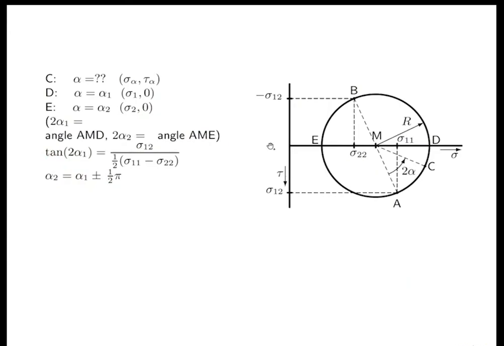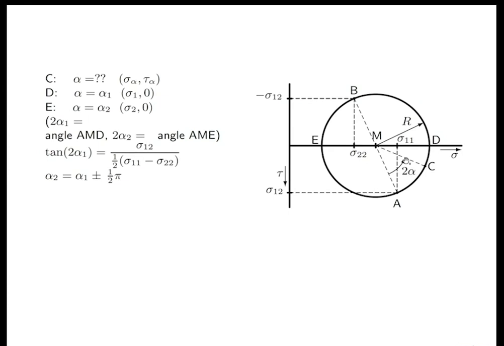Okay, what is C? C is a stress at an arbitrary angle 2 alpha. C is the stress in stress space, in real space, oriented around alpha. In the Mohr space, we rotate around 2 alpha.